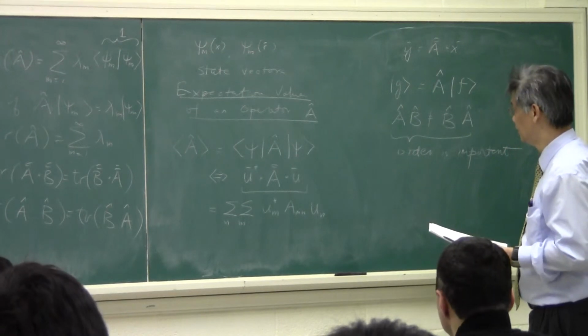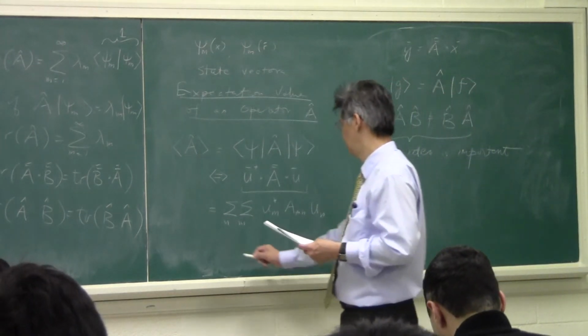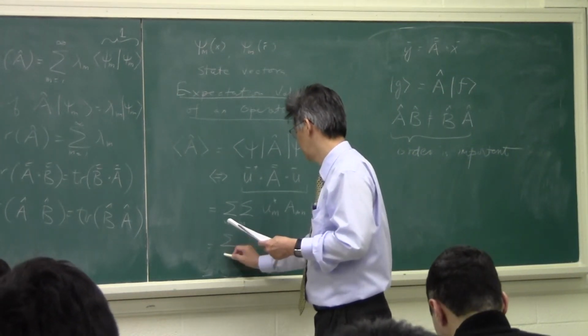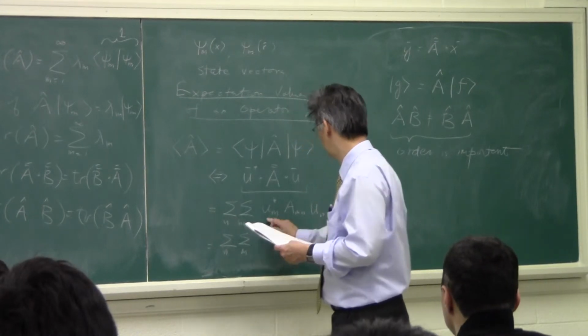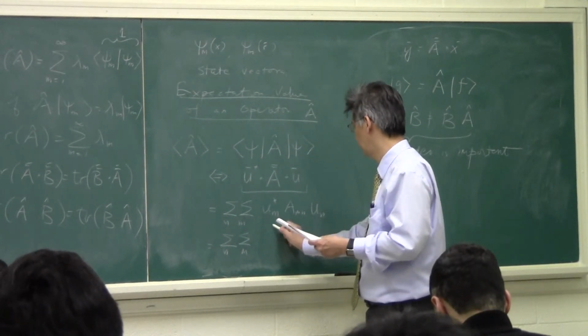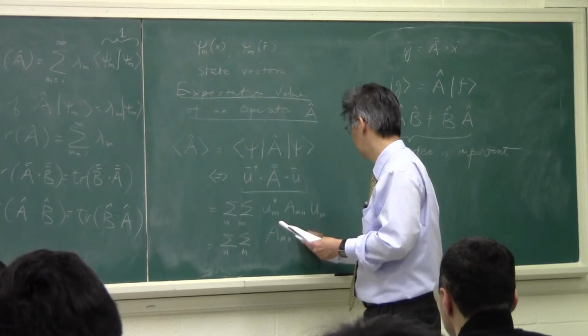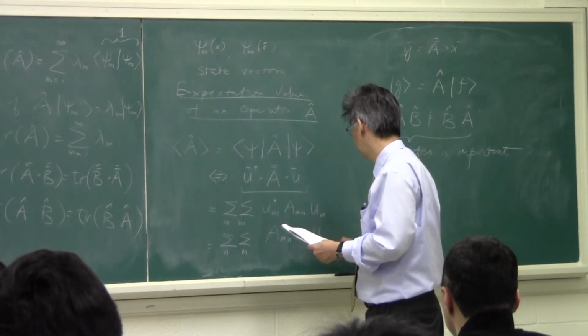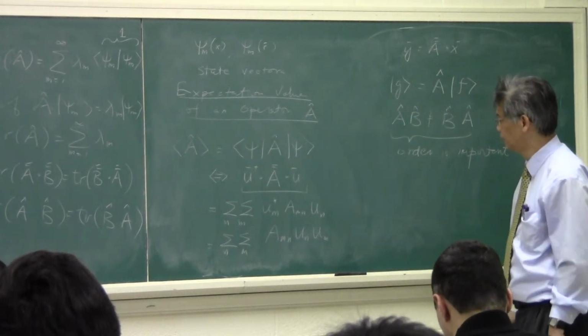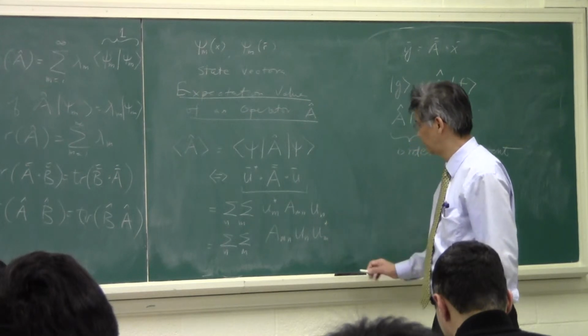And then I would transpose this. I will put this at the end over here and write this as A_MN, U_N, U_M. And I will put a conjugate over here.